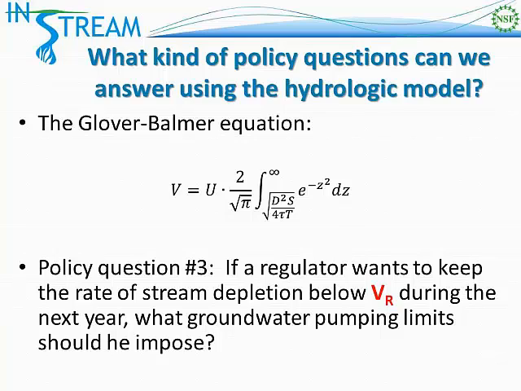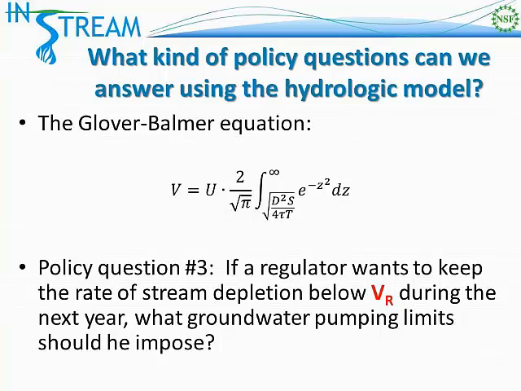We know that the regulator wants to achieve a level of stream depletion V sub R. So we can plug in that value V sub R here, where the rate of stream depletion goes in the Glover-Balmer equation.